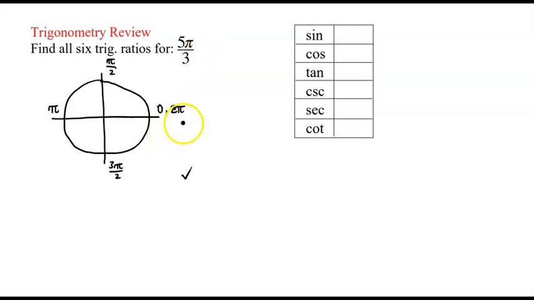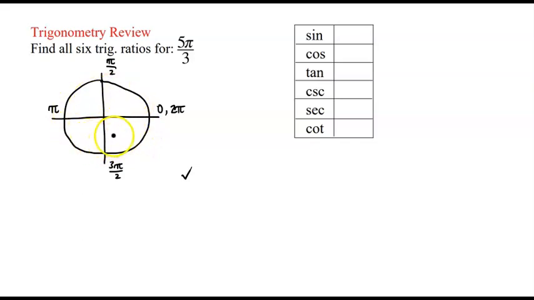But where exactly is 5 pi over 3? Well, I'm thinking, how can I get to 5 pi over 3 from 2 pi or from 3 pi over 2? And I think it's a little bit easier from 2 pi. Well, I know that 2 pi is kind of like 6 pi over 3, right? If I take 2 pi and I subtract pi over 3, I can get to 5 pi over 3. When we talk about any kind of subtraction in the unit circle, that means we're traveling clockwise.